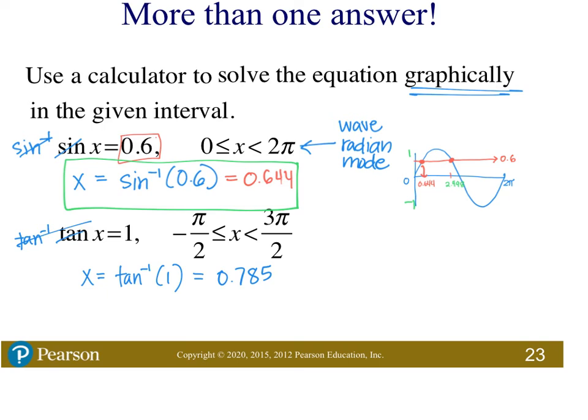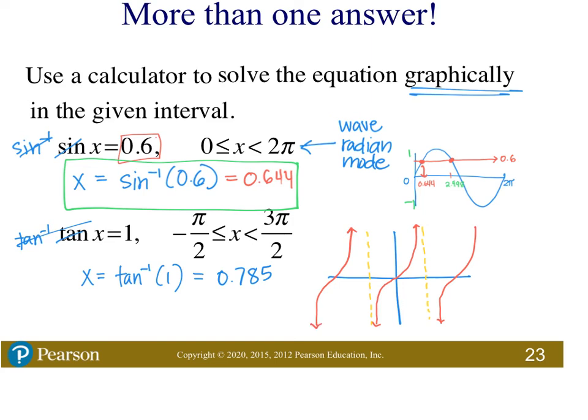So instead, I want to graph tangent. I know that tangent goes through the origin, so it looks like this. I know it has asymptotes, which the calculator won't show me, but they're there. And there are other repeated values of tangent on either side of the first one, the period.